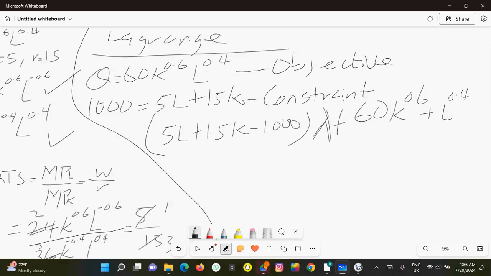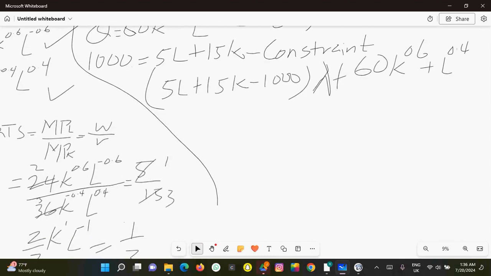What we are going to do now is differentiate the Lagrangian with respect to L. So if we are doing this, we're differentiating this.